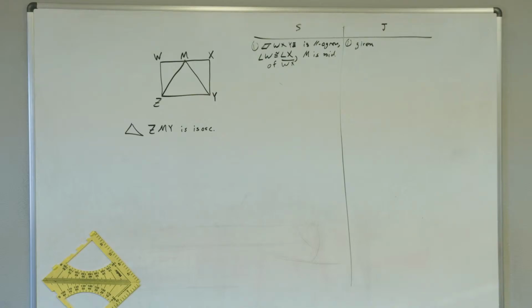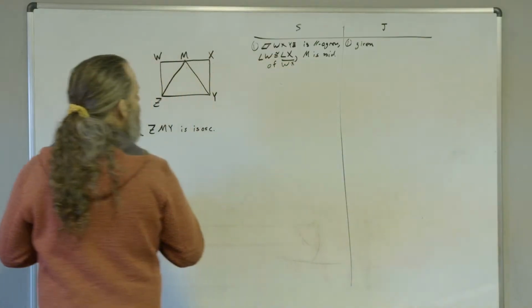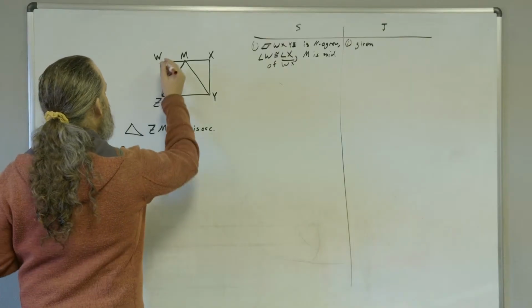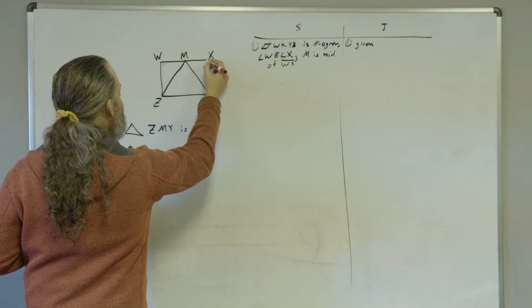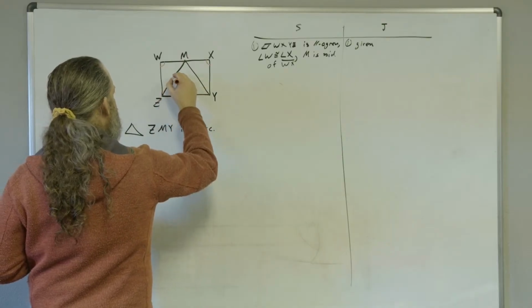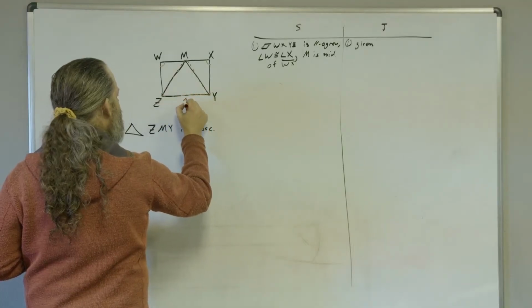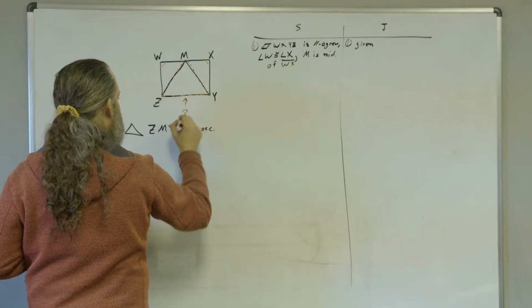All right. That's the only thing we're given directly: W is congruent to X, right? So this is congruent to this. We're also interested in this triangle, isosceles.